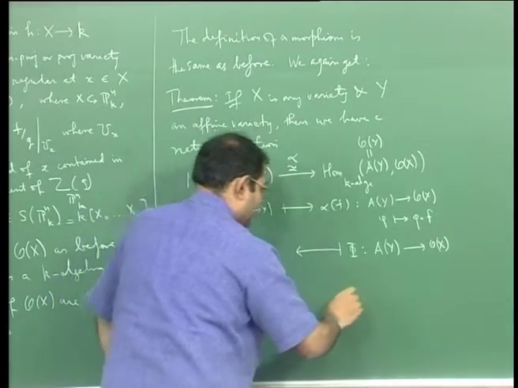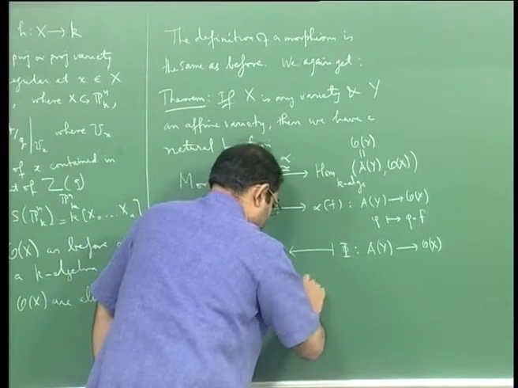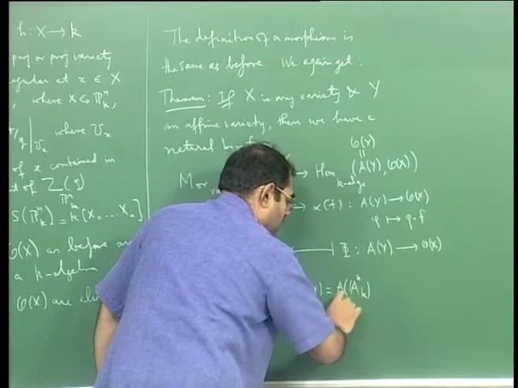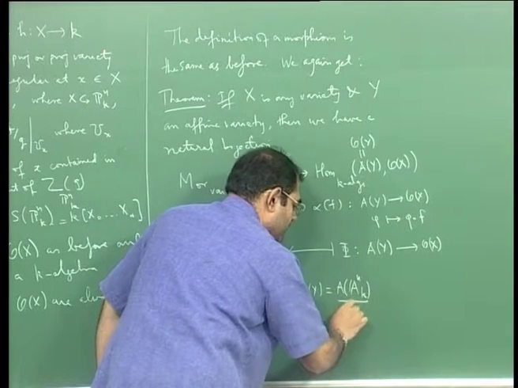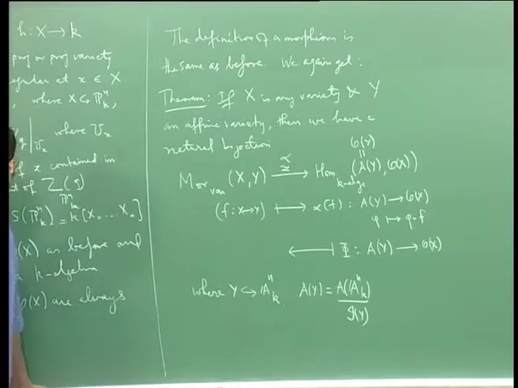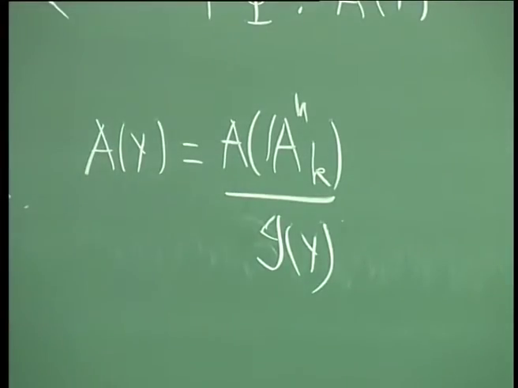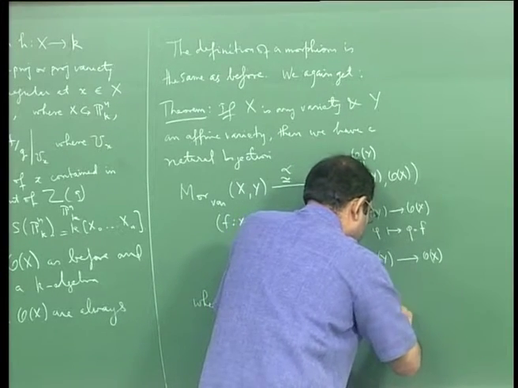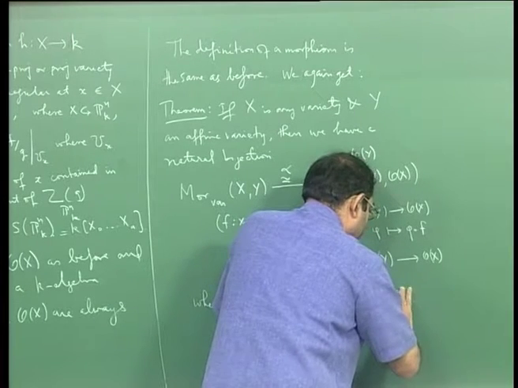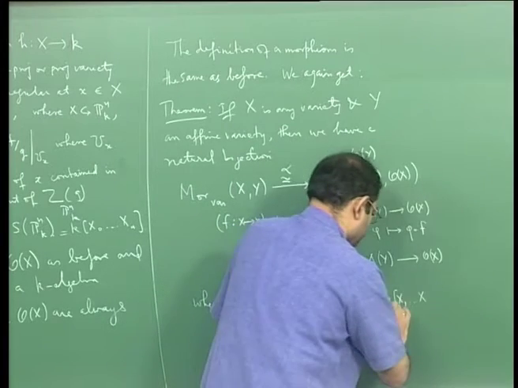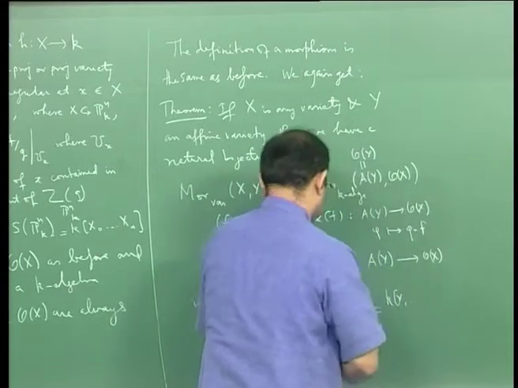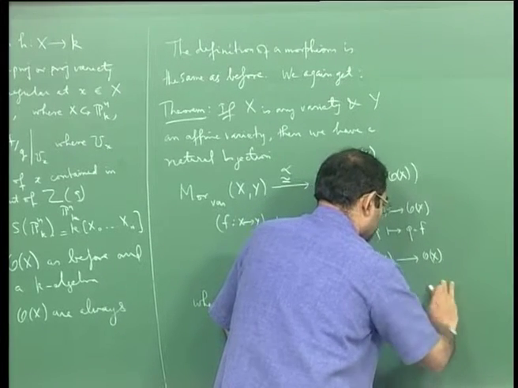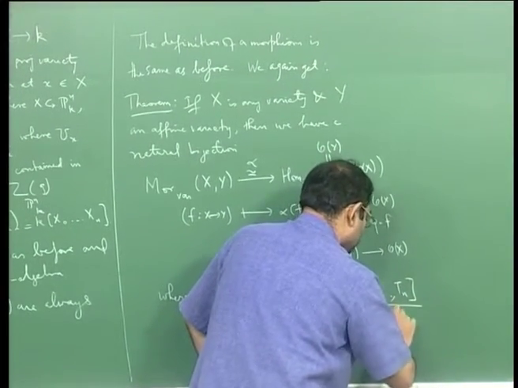It means the affine coordinate ring of Y is the affine coordinate ring of A n modulo the ideal of Y. This is how you define the affine coordinate ring of an affine variety, and this is identified with k[t1, ..., tn] modulo IY.